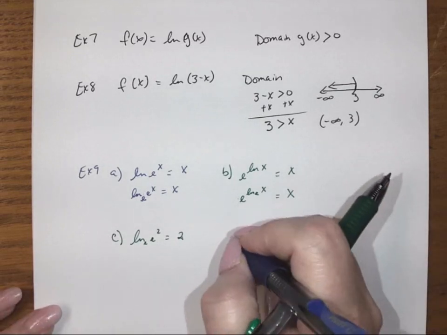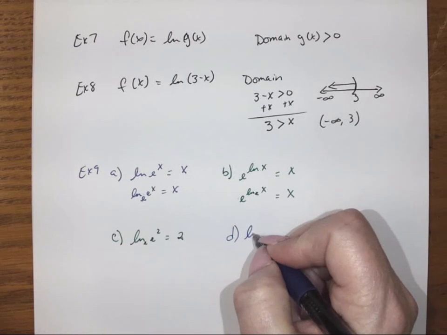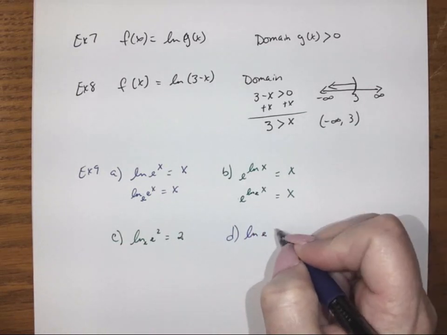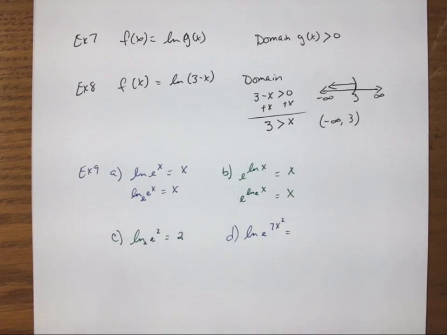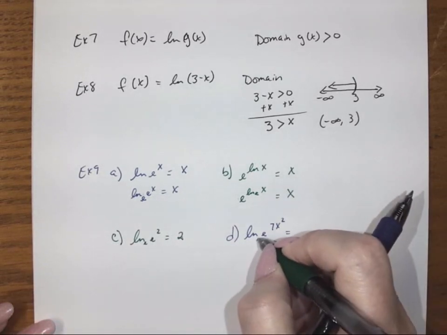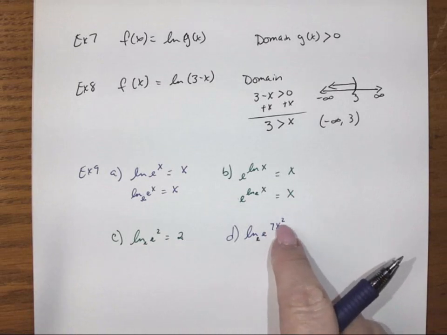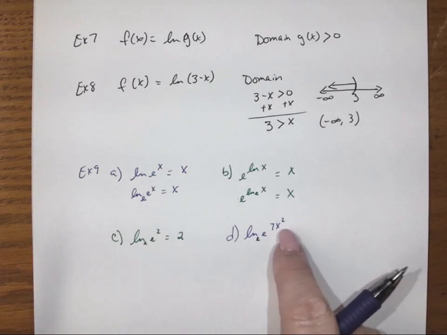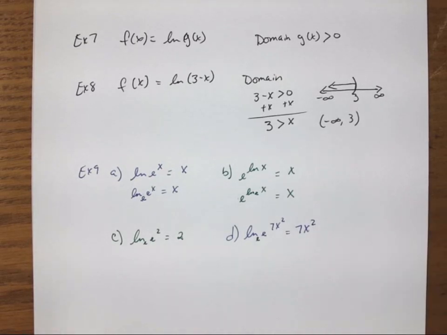And for part D, we have the ln of e to the 7x squared. Remember, this also has that base of e, so ln base e, so e to what equals e to the 7x squared? This will be 7x squared. So it follows the same things that we had.